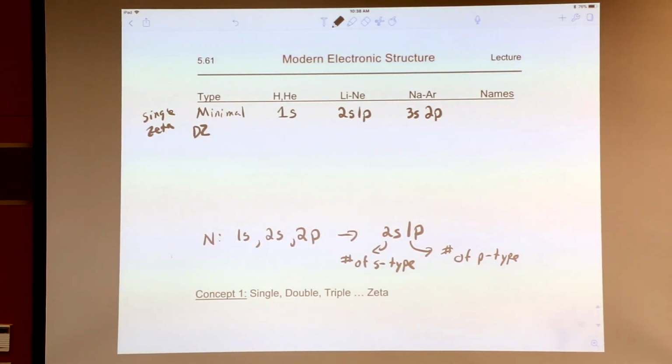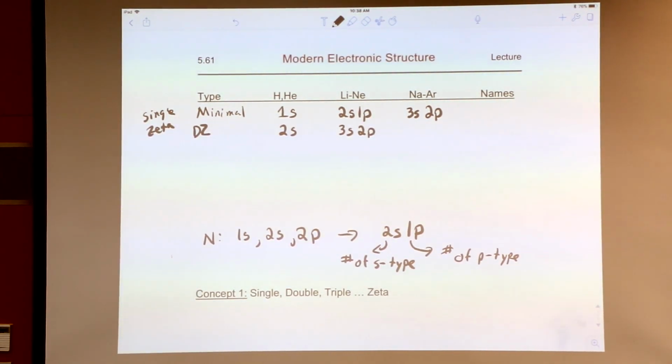So for hydrogen and helium, we would just double. It's all valence, so we just get two s functions. For things in the same row as lithium through neon, the valence functions are an s and a p. And so when we double those, we're just going to add another s-type function and another p-type function. So we would go 3s, 2p here, because we'd add one s function and one p function.